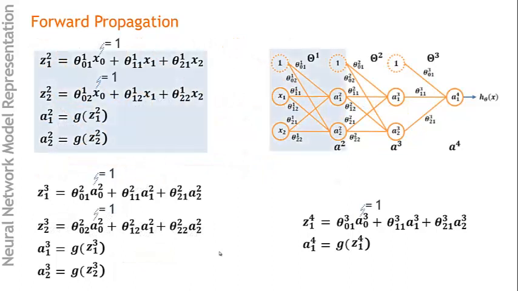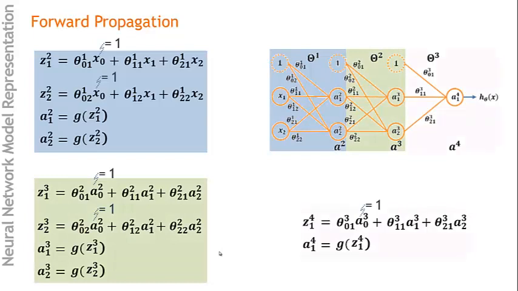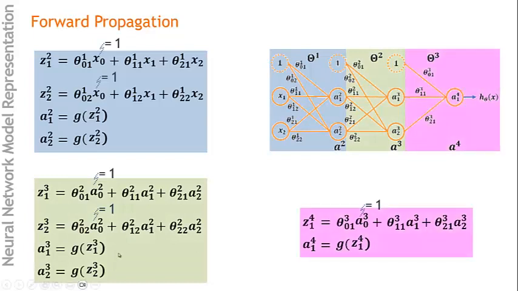Okay. So we have all of our layers, and each layer has its own set of equations. Now this should be very suggestive of linear algebra. The first 2 equations here, you can see, take these thetas and multiply by the x's.